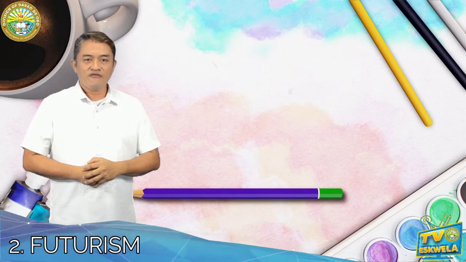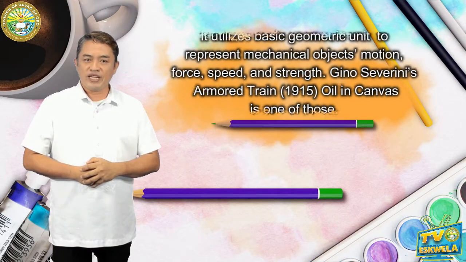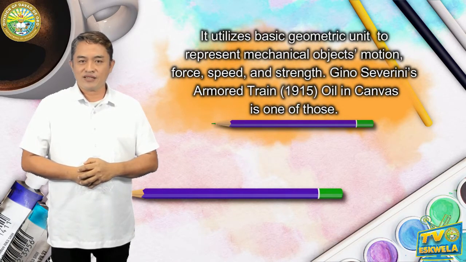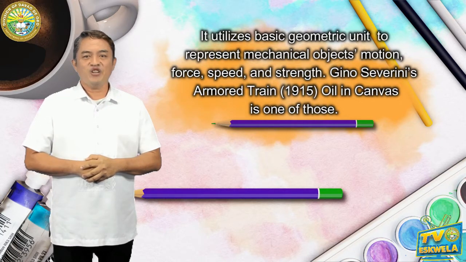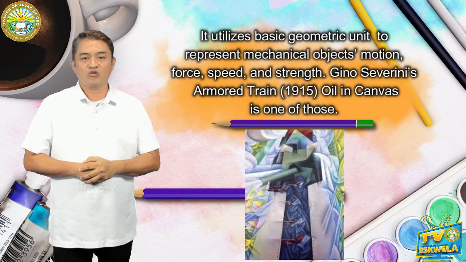Second, Futurism. It utilizes basic geometric units to represent mechanical objects, motion, force, speed, and strength. Gino Severini's Armored Train in 1915, oil on canvas, is one of those.